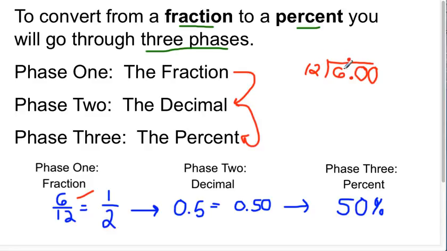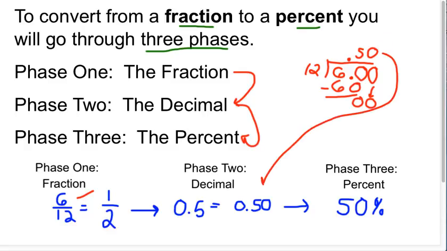So 12 will go into 60 5 times. 5 times 12 is 60. We subtract, and we end up with 0. Here is where we would normally terminate it, but we want to go out to the hundredths. Of course 12 can't go into 0, so you're going to say 0. And there you can see where we get our 50 hundredths, which we will be able to convert into our percent.